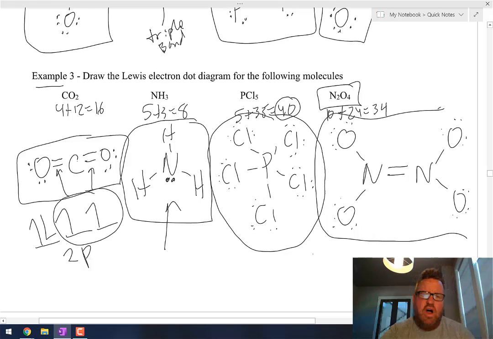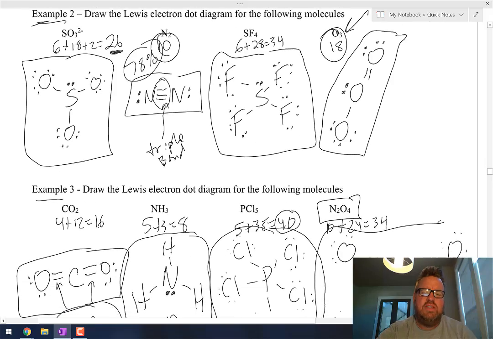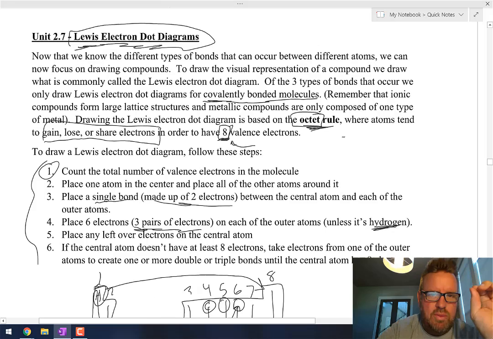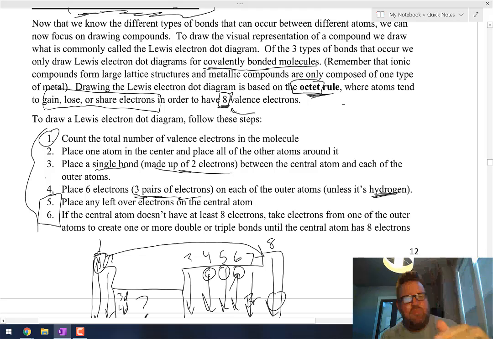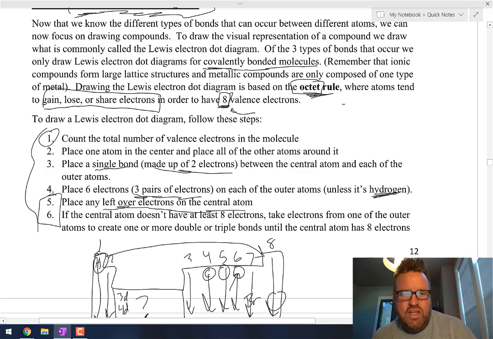If you followed along with those first 4 and these next 8, hopefully you're in really good shape. The biggest mistake that I find students make is right here, steps 5 and 6. They get to that point and for some reason it's like, I'm done following the rules, I'm going to do it my own way. Follow the steps. Before you start moving electrons around and making double and triple bonds, make sure you've put all of your leftover electrons on the central atom.